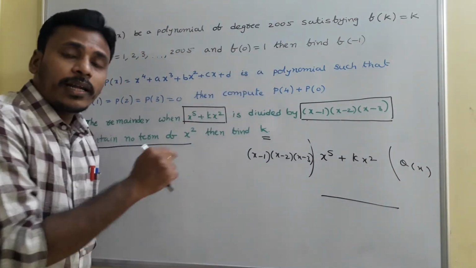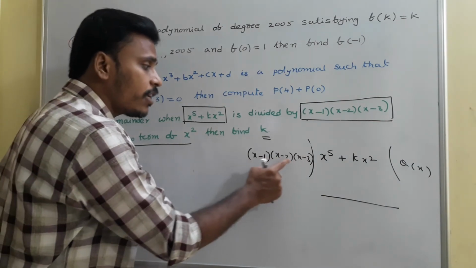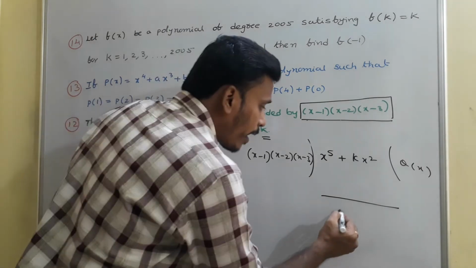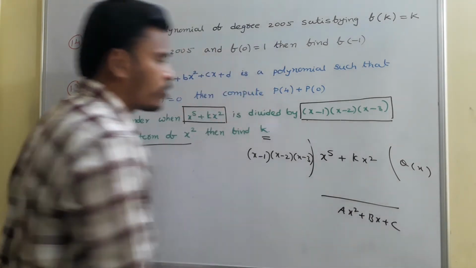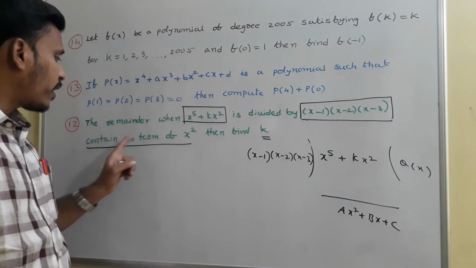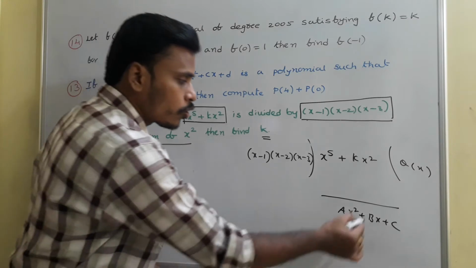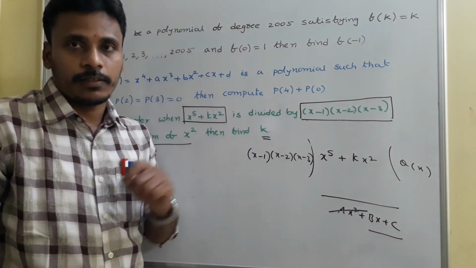So what is the general form of the remainder? Actually, since this divisor is of third degree, the remainder is of second degree, so it is of the format ax square plus bx plus c. But as the question is saying that the remainder contains no term of x square, the a value is 0, so the remainder is of the format bx plus c.